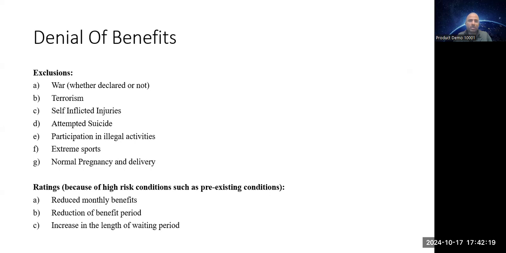That will be the period that you're covered for when it comes to your disability benefits. They might also go ahead and increase the length of the waiting period. So instead of waiting for 3 months, you might just end up waiting for 9 months altogether before you get paid.